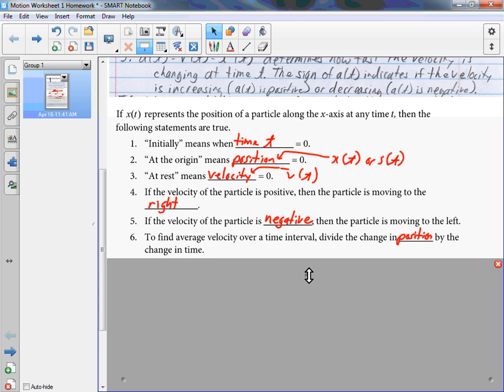Velocity is really instantaneous velocity. It's the velocity at a single moment in time, whereas average velocity can be found without calculus. Velocity has to have calculus. Fine, you could think of it that way. All right, because an average rate of change, velocity is a rate of change, still really goes back to Algebra 1, or actually pre-algebra.